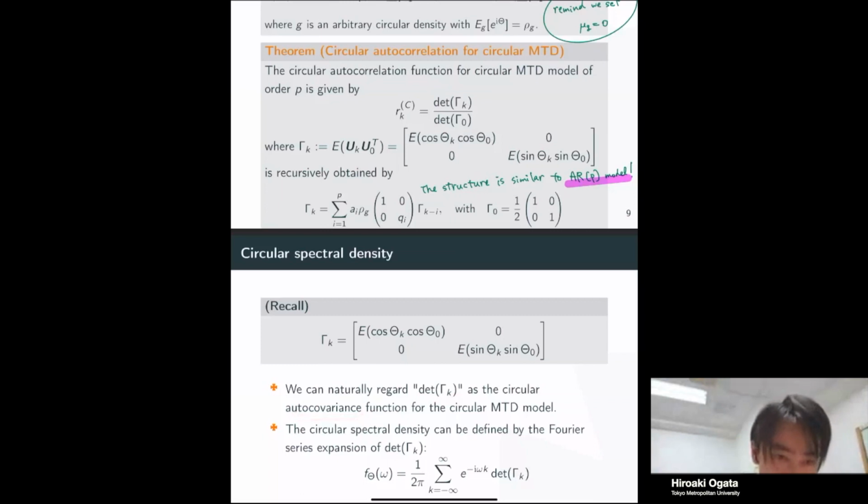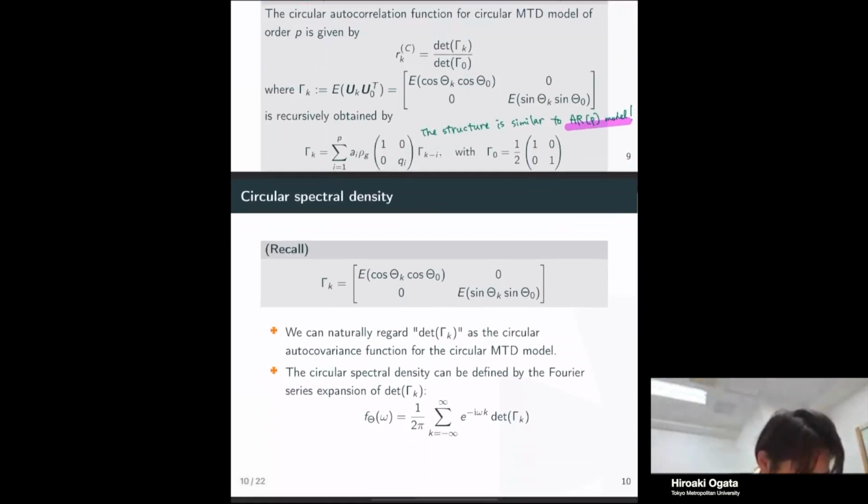And as you know, the spectral density is the Fourier series expansion of the autocovariance function. So the circular spectral density can be defined by the Fourier series expansion of this determinant of Γ_k. Like this, we define the circular spectral density, and it is denoted by f_θ(ω).